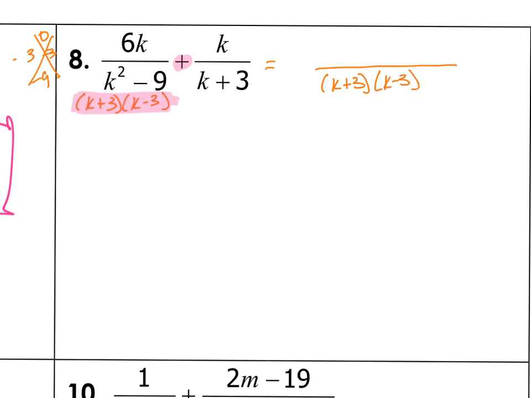Then I want to know what this denominator needs to make it look like this denominator. Well, it has k plus 3, and it needs the k minus 3. I don't need to add anything to this denominator. In order to make it look like it, I need to add the k minus 3. So now they look the same. If I'm multiplying the bottom by k minus 3, I need to multiply the top by k minus 3.